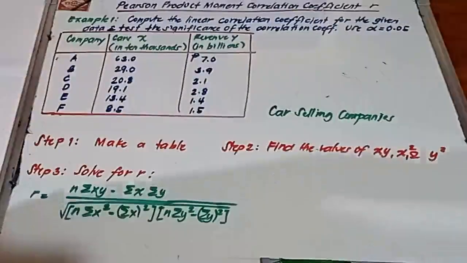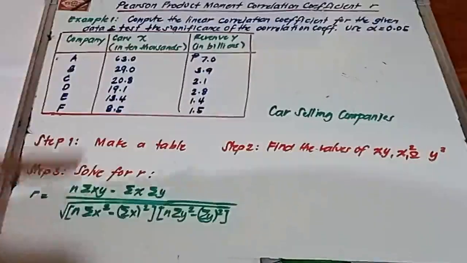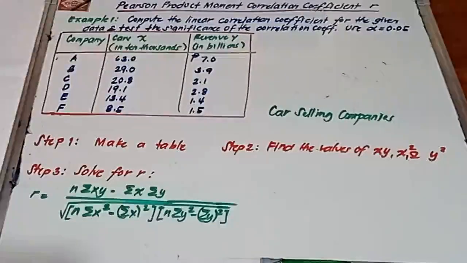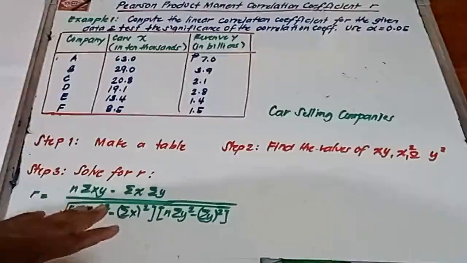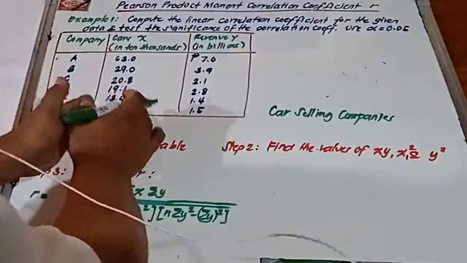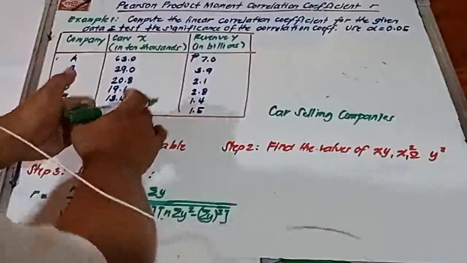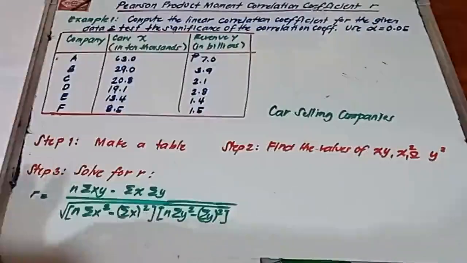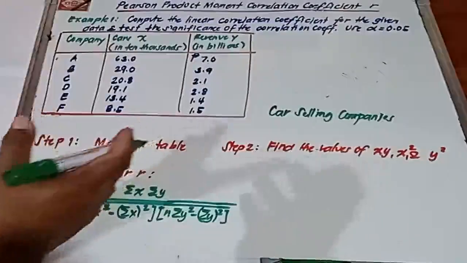Okay. So I have here the steps already in how to compute for the correlation coefficient. We have step number 1, we're going to make a table. Ano yung table natin? This is our X column, the independent variable. We have here the Y column as our dependent variable. Magdadagdag lang tayo ng 3 columns. Yun yung XY column, the X squared column, and the Y squared column.